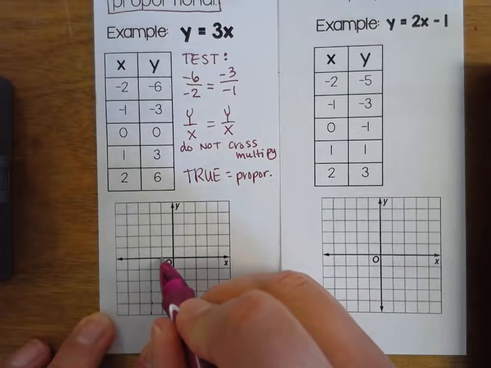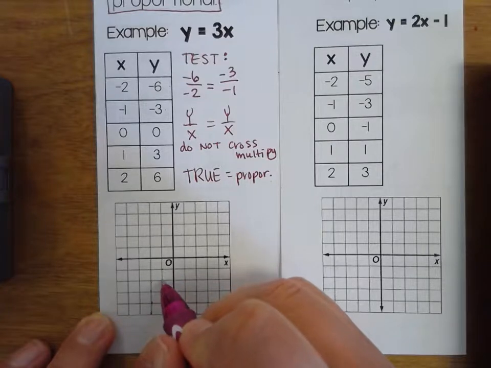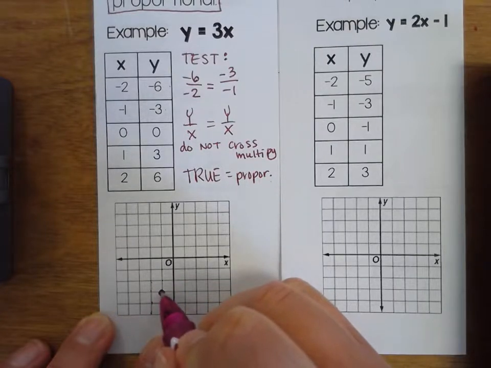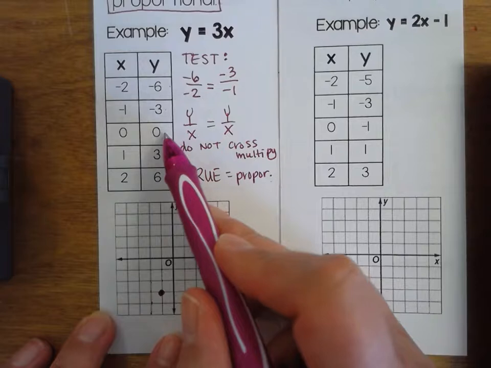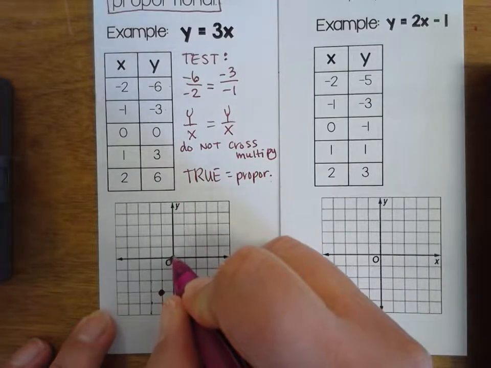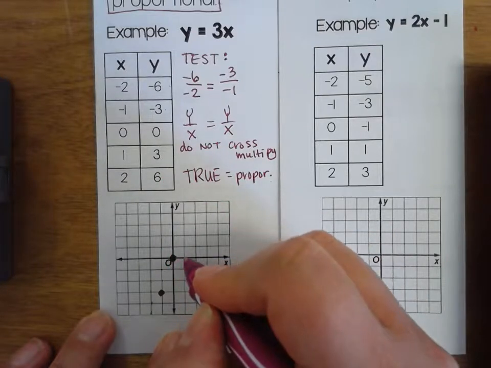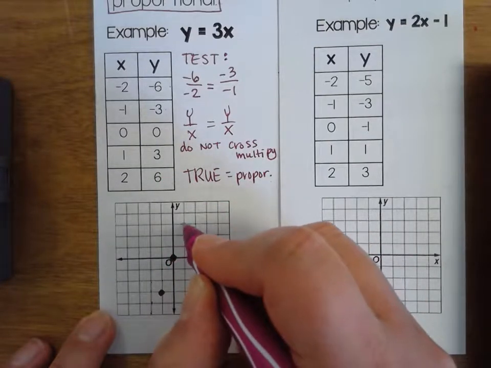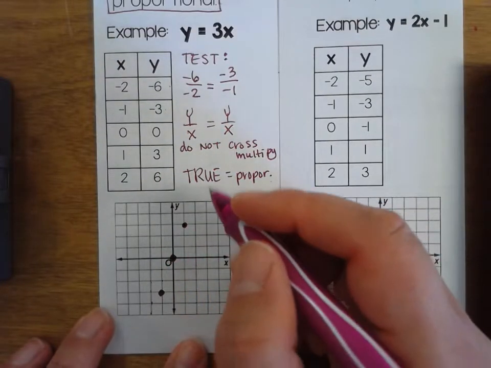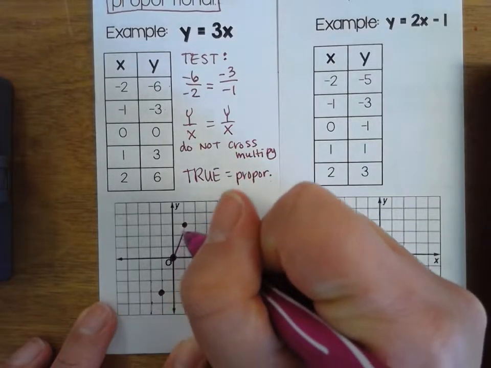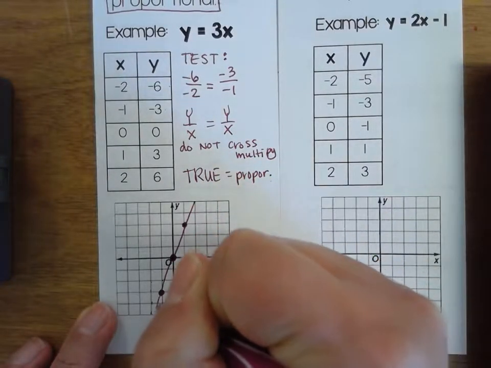So here's -1, count down -1, -2, -3. Put your point. The next one is (0, 0). Put a point at the origin. And then the other point that we can graph is (1, 3). And because this is a function, it is a continuous relationship, we can go ahead and draw a line through those points.